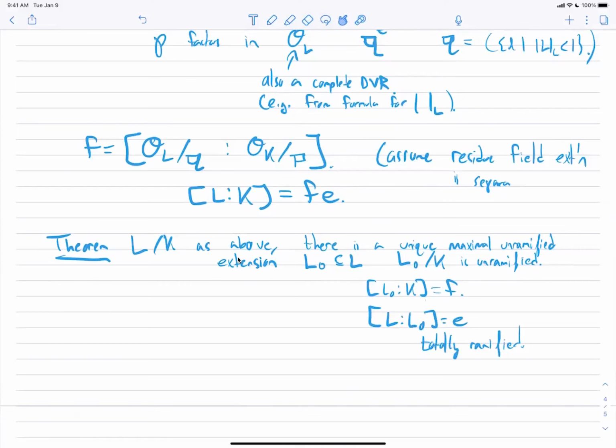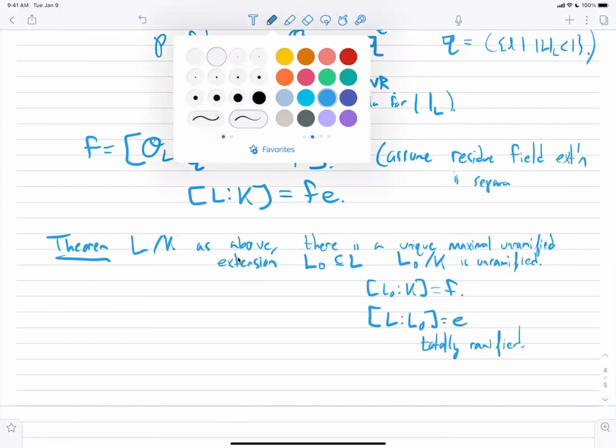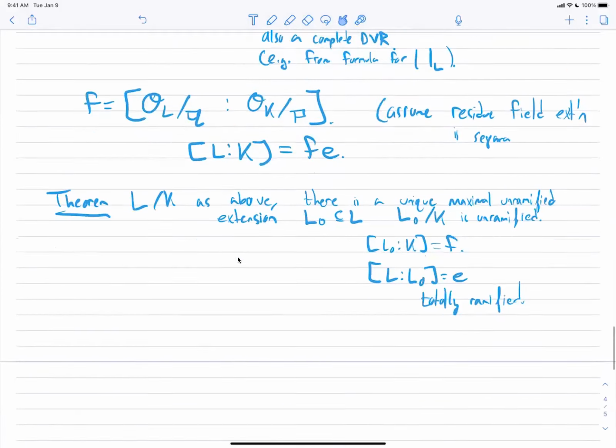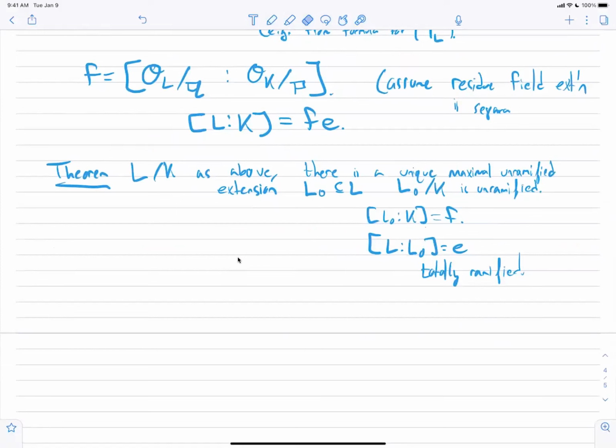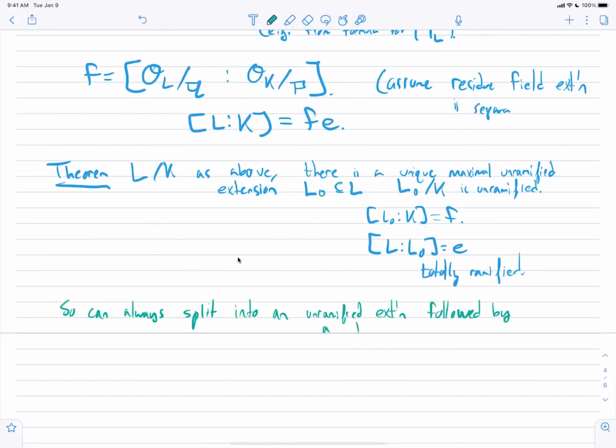So in particular, you can always split into an unramified extension followed by a totally ramified extension.